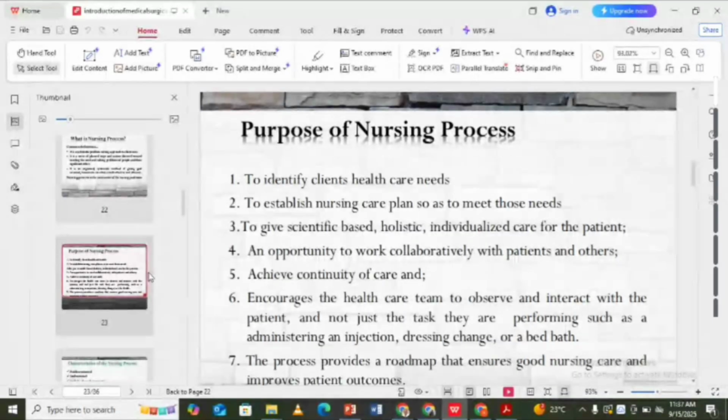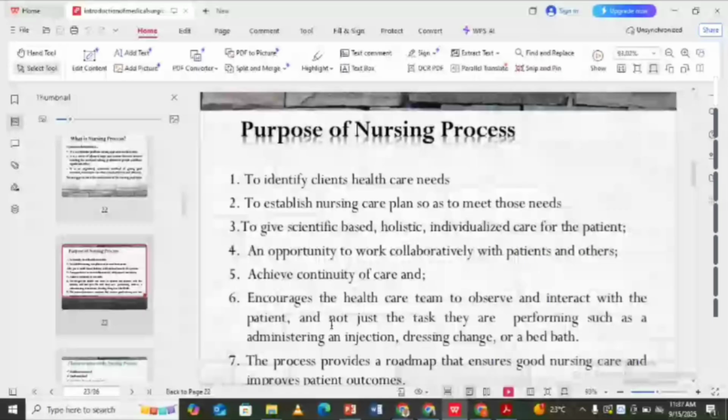It gives you that opportunity now to work collaboratively with the patients and others, because if you cannot work with the patients, with others, the caregivers, and other healthcare professionals, you cannot get it right in the nursing process. It allows you to engage these people and achieve continuity of care, because it's very systematic.